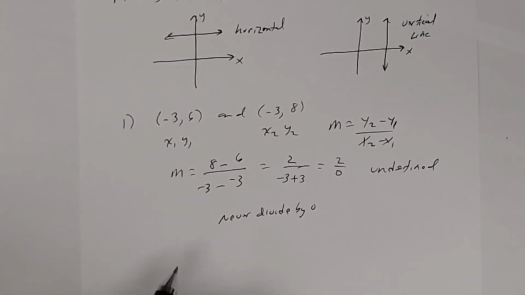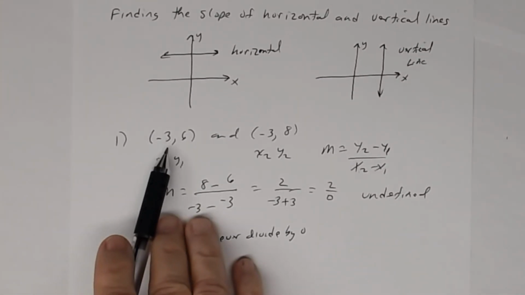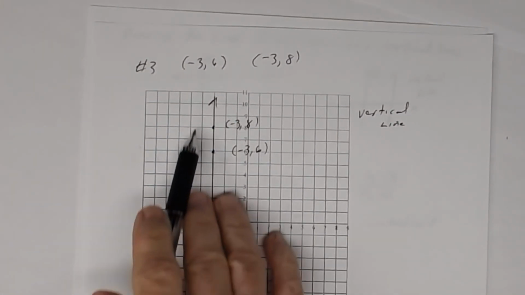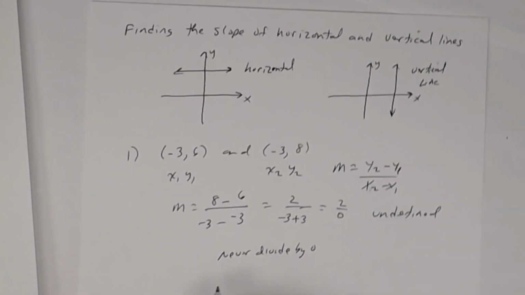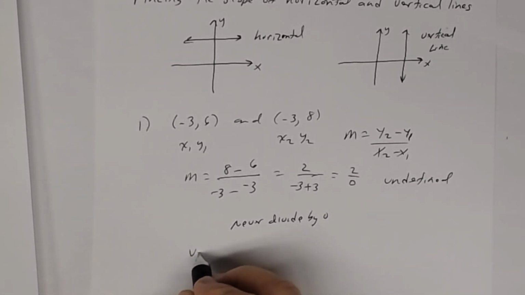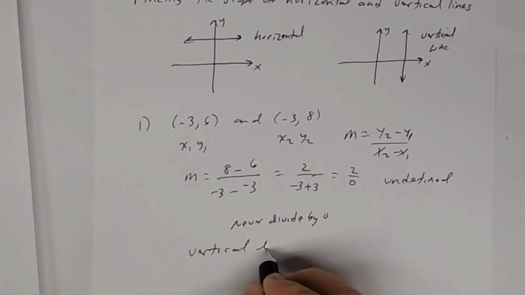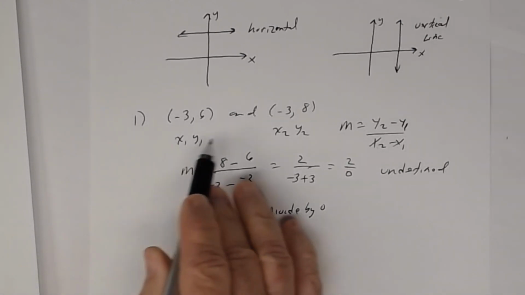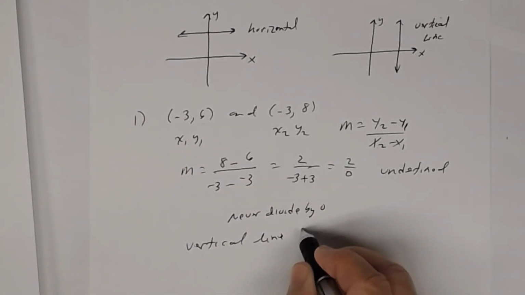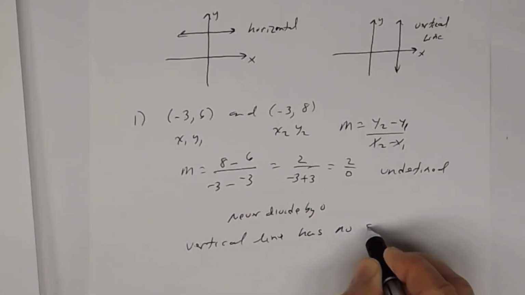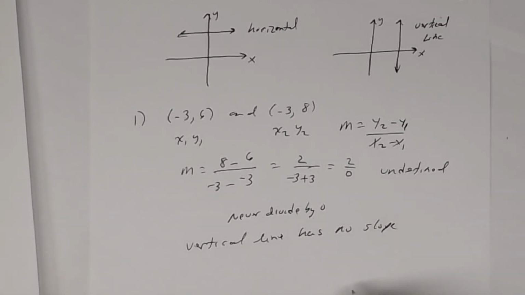What that means in terms of this line that we just drew is this: this vertical line that we just drew has no slope. That's what that means. It has no slope.